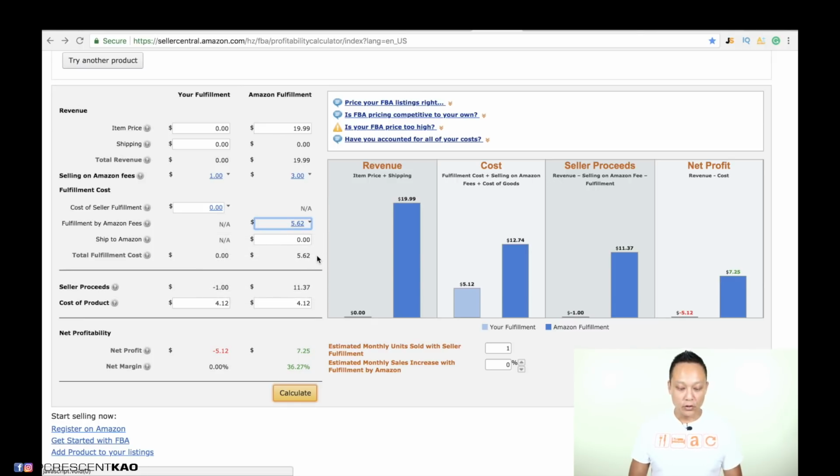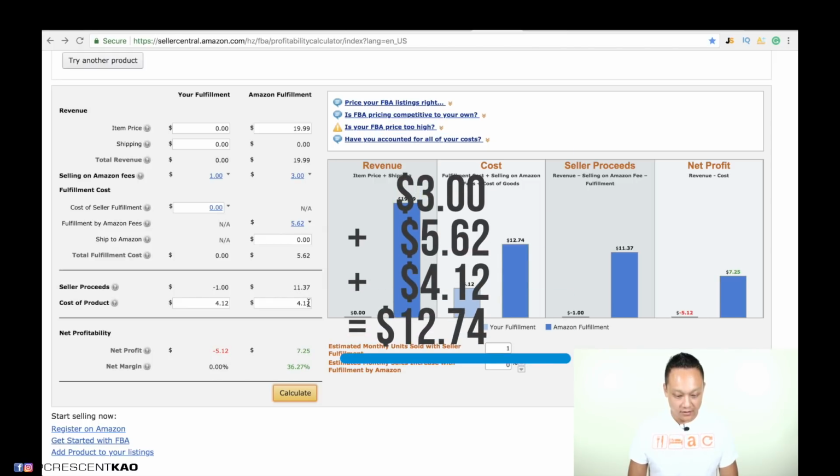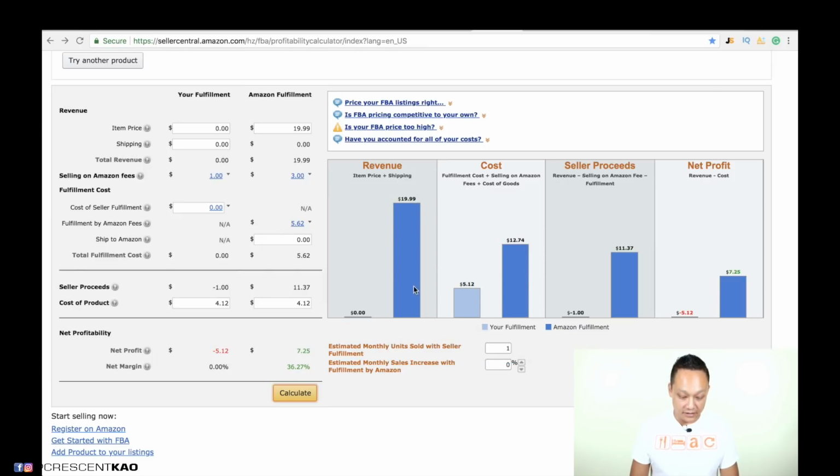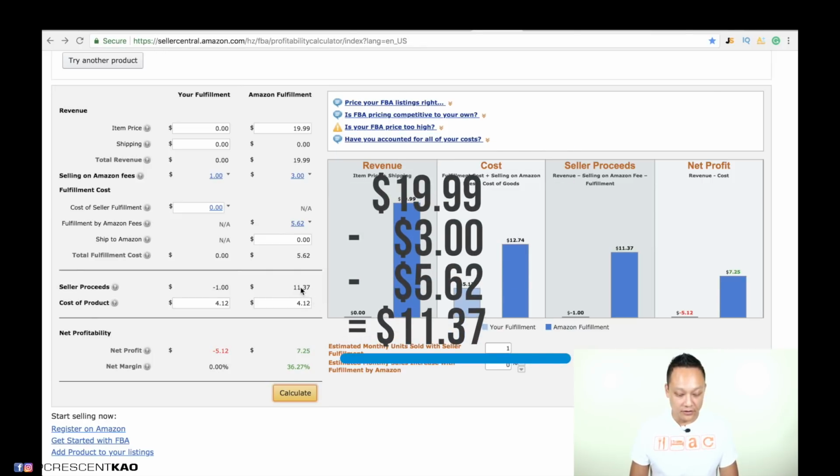Okay, so now your total cost in fees is going to be $3 plus $5.62, which is what you're paying Amazon, $8.62, and then plus your unit cost, right, which is $4.12, gives you a total of $12.74. And then your proceeds, which is your profit, is $11.37, which you can see here.